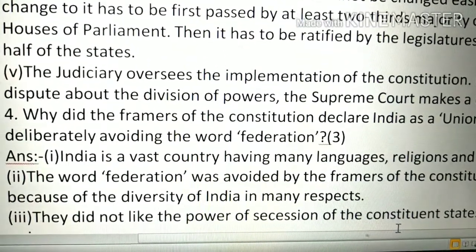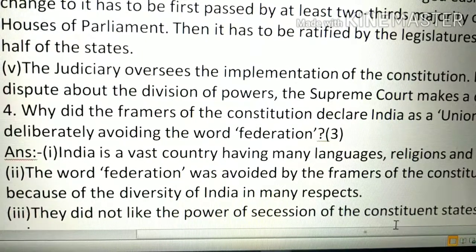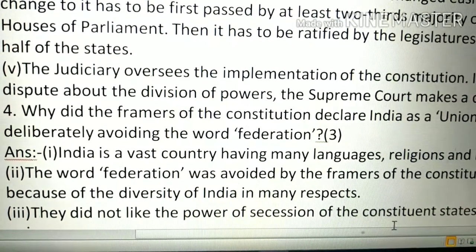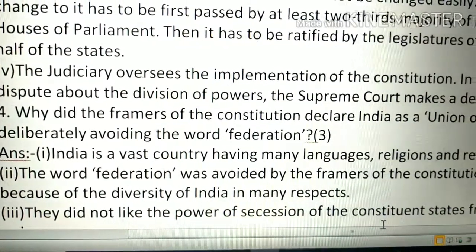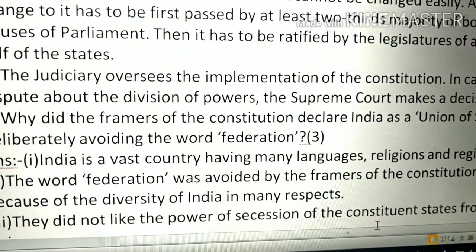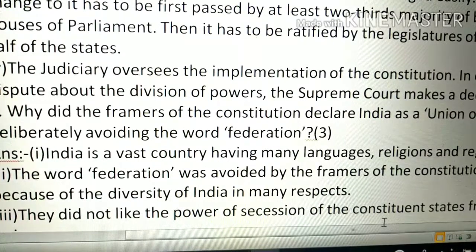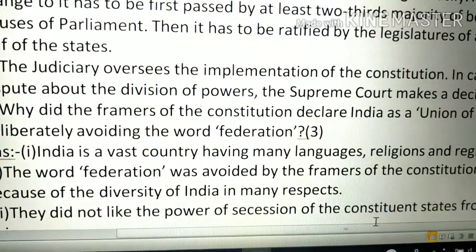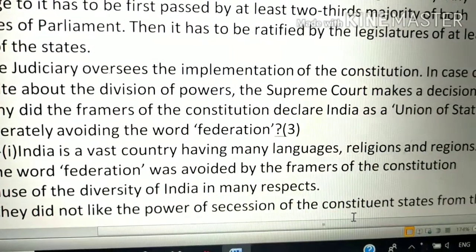Point number 5. The judiciary oversees the implementation of the Constitution. In case of any dispute about the division of powers, the Supreme Court makes a decision.